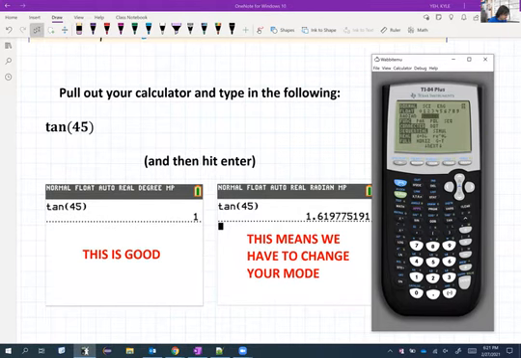If I go second quit and say tan 45 now, it says 1. Now I know I'm good to go for these problems. Otherwise, I'll be typing in everything right, doing all the right math, and my calculator will tell me the wrong answer. Not ideal. So make sure that your tan 45 equals 1.